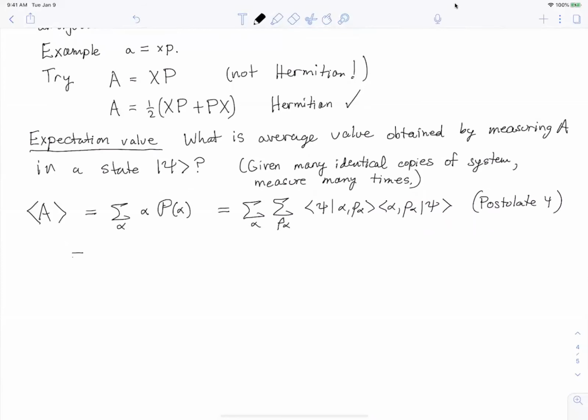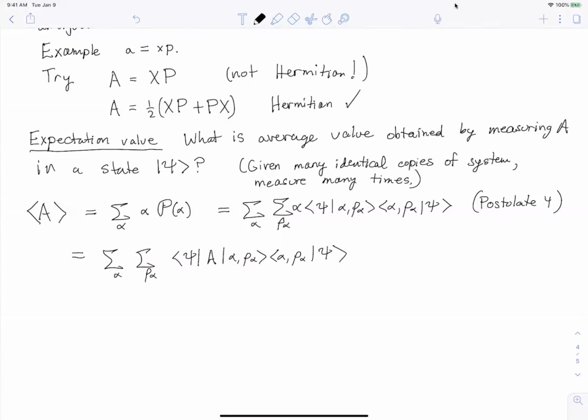Okay, and now I forgot a very important thing. This would just be 1 if I didn't put in my alpha here, which is very important. And now I can write this as sum over alpha, sum over rho sub alpha of psi, A, the operator, alpha rho sub alpha, alpha rho sub alpha, psi.